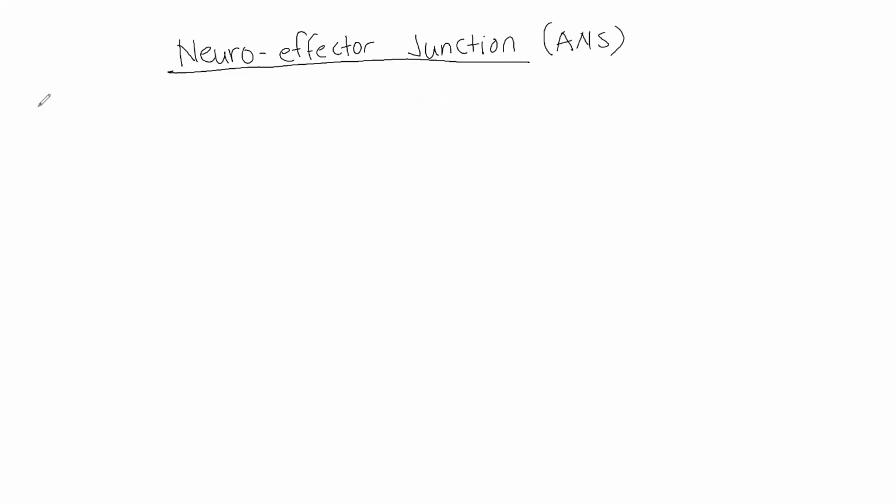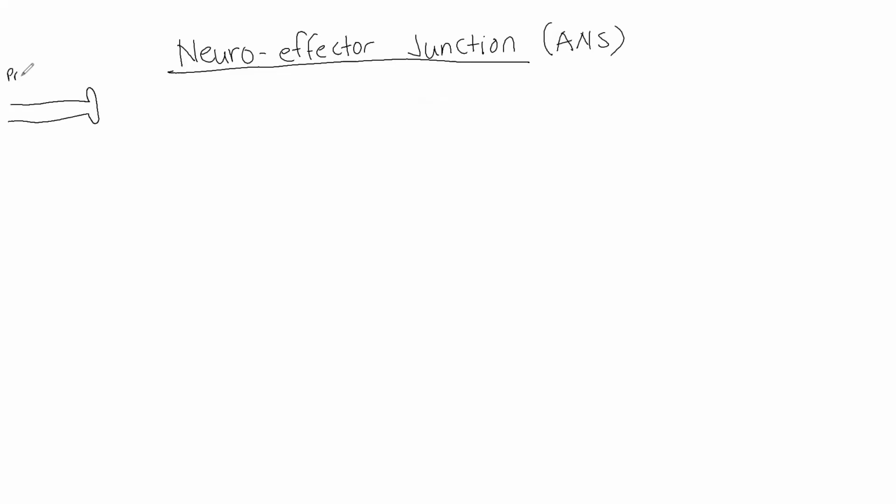All right, so we're looking at the neuroeffector junction, which is only in the autonomic nervous system. And so let's kind of just illustrate this out here.